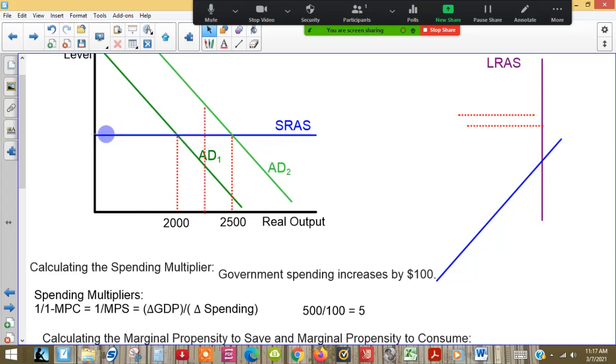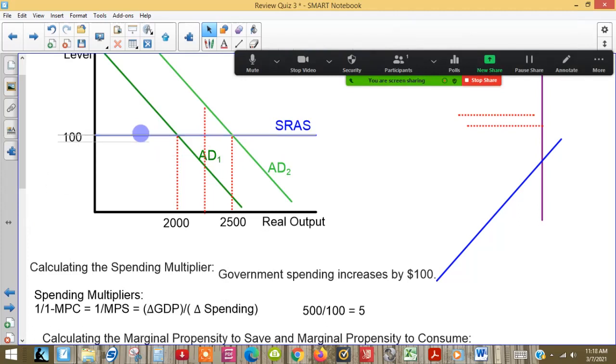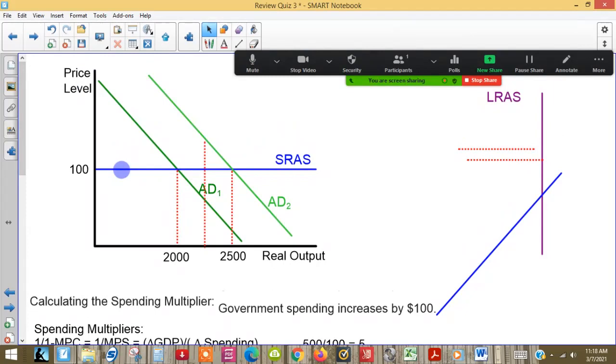They're not going to go anywhere, no matter what. So we put a price level in here of whatever. Let's just say 100. So in this case, no matter where we shift the aggregate demand curve, price levels don't change at all.